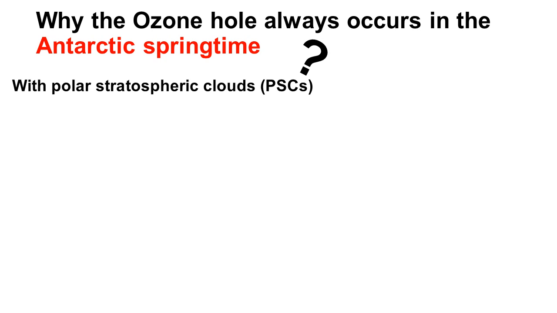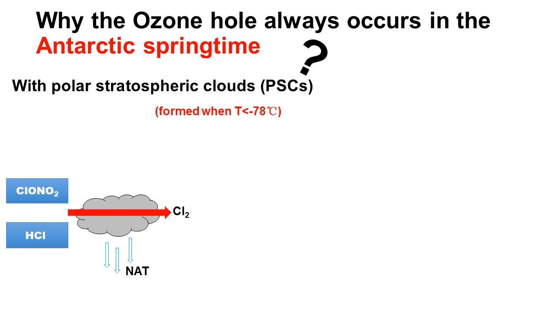Here is the term polar stratospheric clouds, short for PSCs. It's an ice-like cloud formed in the lower parts of the stratosphere when the temperature is below -78°C.